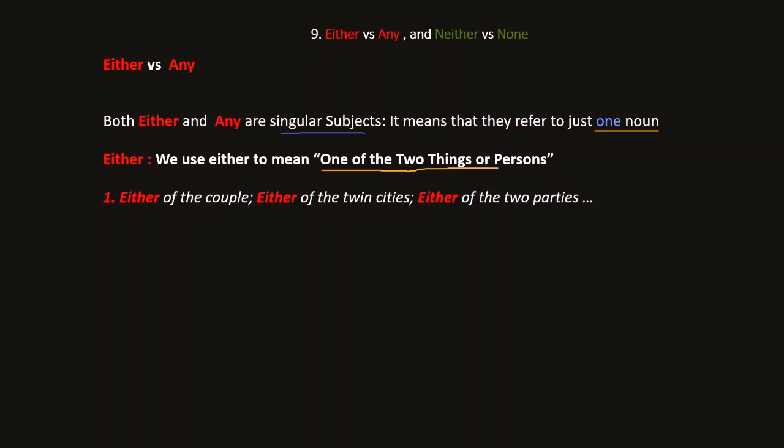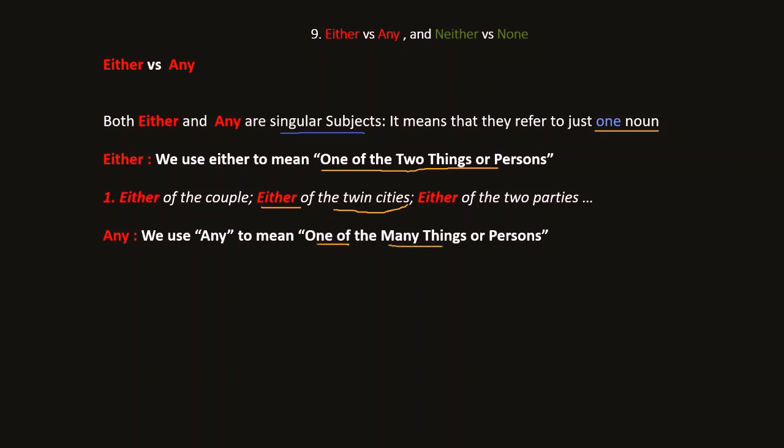We use any to mean one of the many things or one of the many persons. We could say any of the citizens. When I say citizens, there are so many people. So I say any of the citizens, any of the cities, any of the parties. Neither versus none.